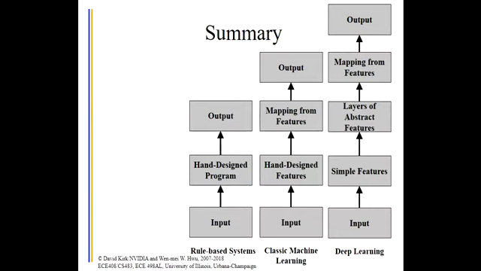So in summary, the deep learning process will take the input, and the training data will be decomposed into features, and then assembled into layers of abstract features, and then mapped from features to the output.